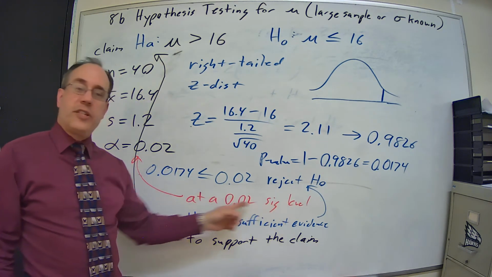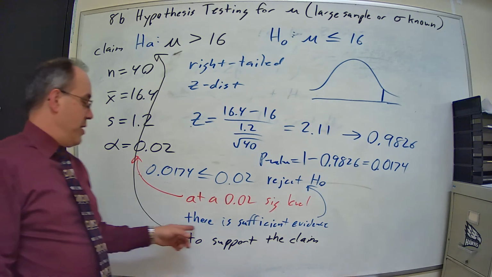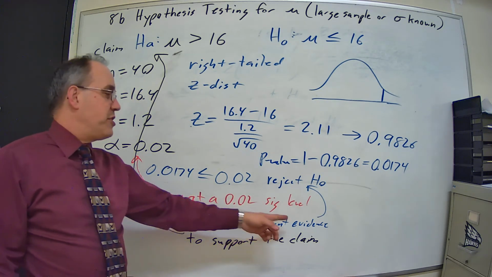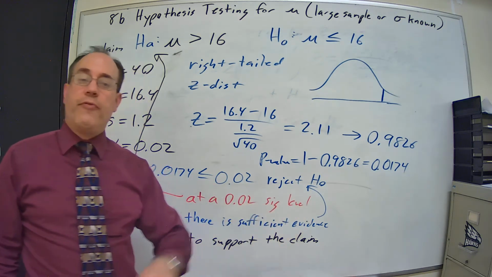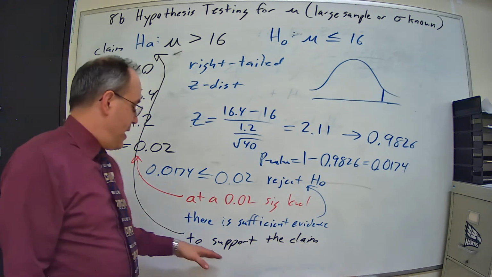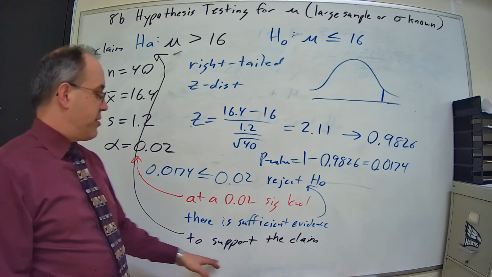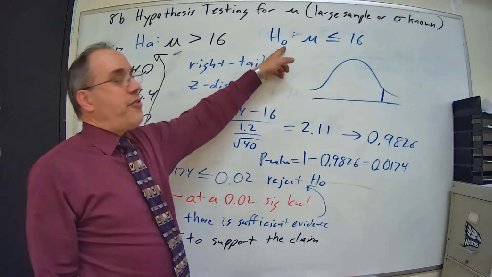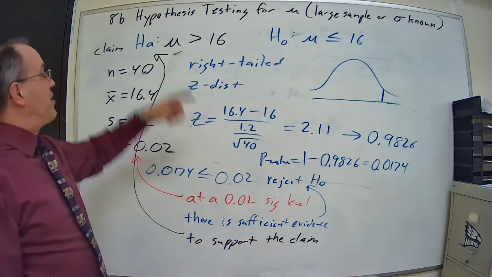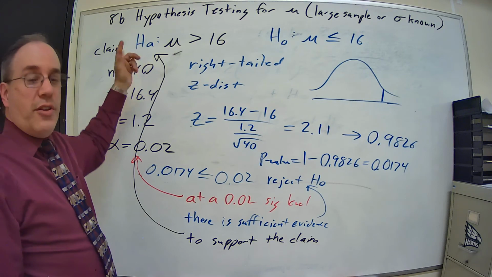So remember, we always state our significance level. We then follow up with whether there's sufficient evidence or not, and that comes from whether we were able to reject the null hypothesis or we failed to reject the null hypothesis. And then we state whether it's to reject the claim or to support the claim. If the claim is the null hypothesis, to reject the claim. If the claim is the alternative hypothesis, to support the claim.